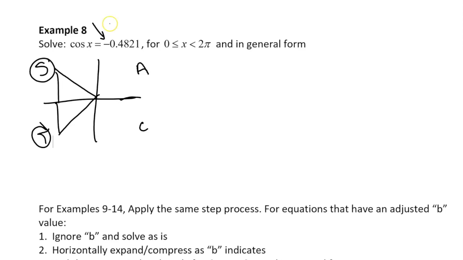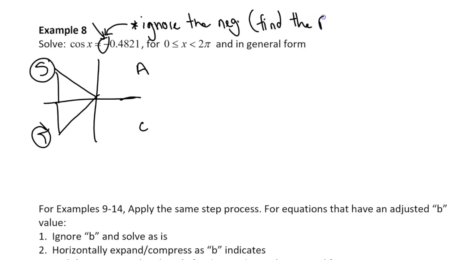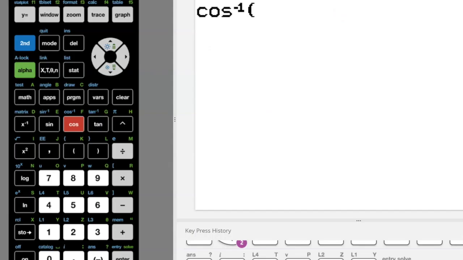So when you see a negative ratio for one of these, let's ignore the negative, and we want to do that because that way we can find the reference angle. So let's find the reference angle first, and I think that's going to make everything a whole lot easier.